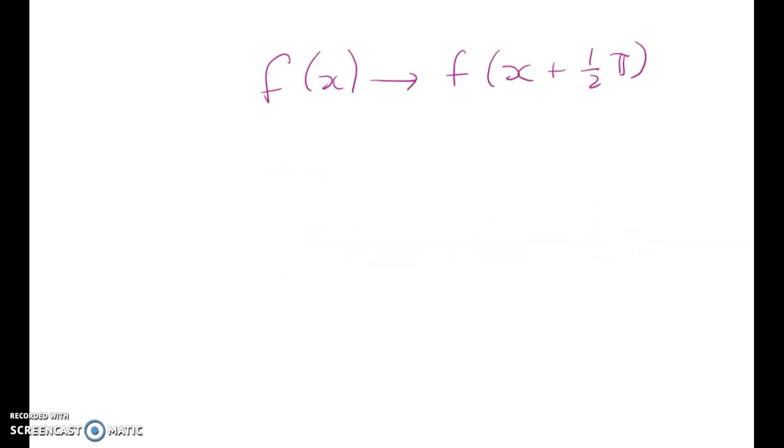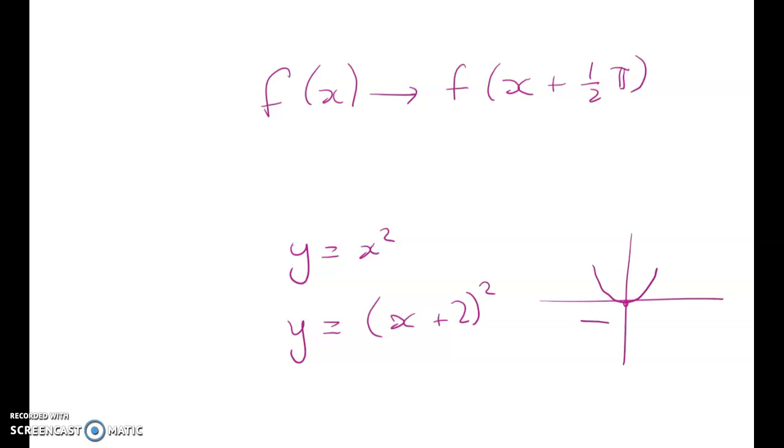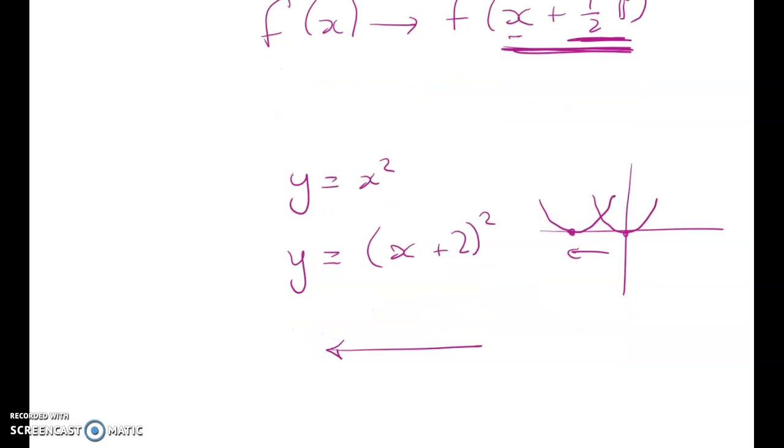Now, if we think about what happens when we've got y is equal to x squared, and going back to like year 10, when we moved that to y is equal to (x plus 2) squared, what we've done with that is that every x value has shifted this way by 2 units. So when we've got this function here, it's the same idea. Every x value is going to get 1/2 of pi added onto it, and that means that my graph is getting shifted that way by pi on 2 units.